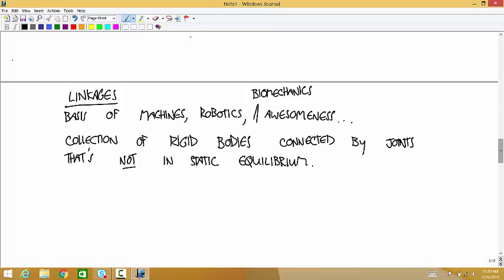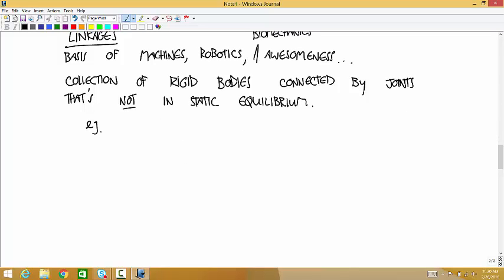And so, an example would be, say that you have two members connected there by a pin, and here that pin slides in a slot.